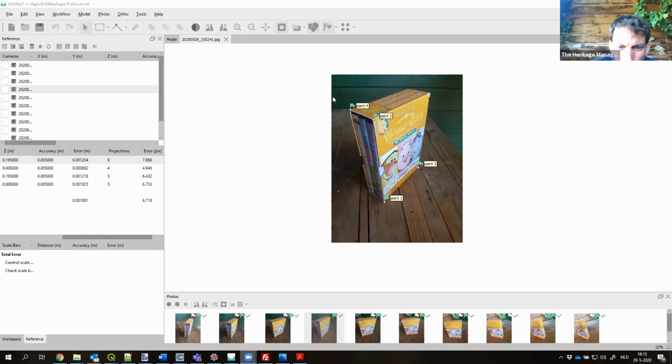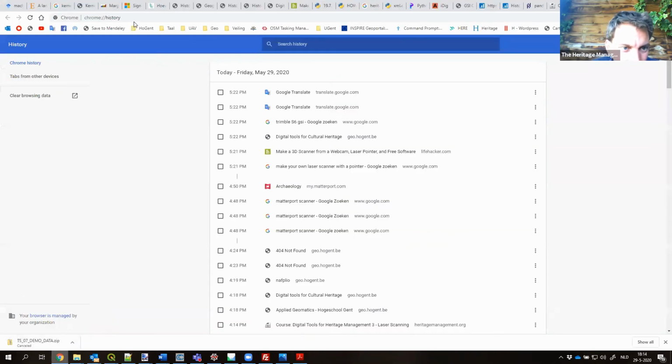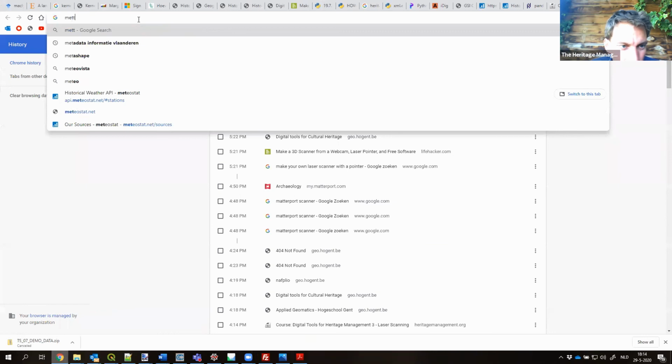Can I suggest a portable laser scanner in 3D? Something to attach to your phone. I just saw on the website of Matterport.